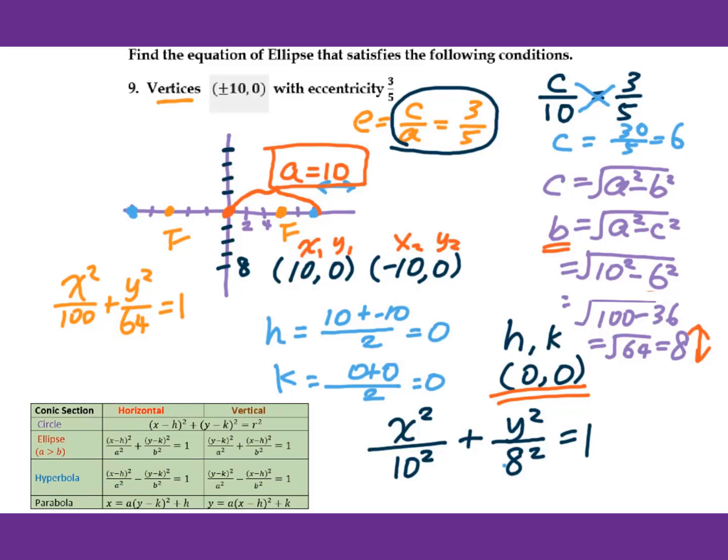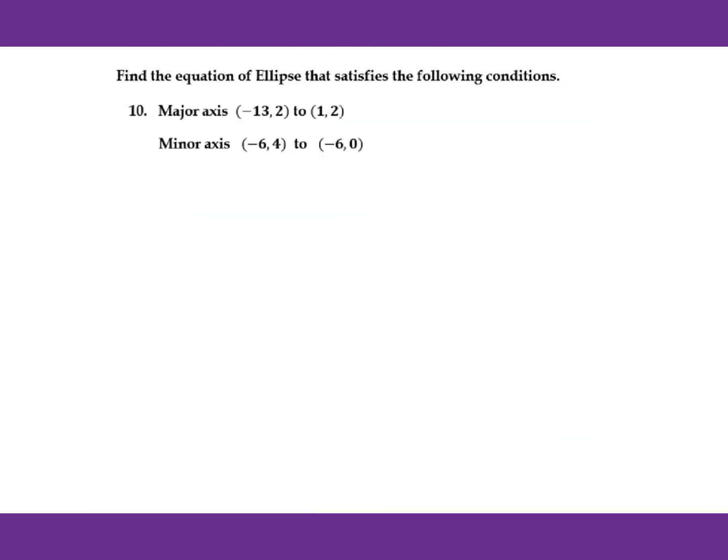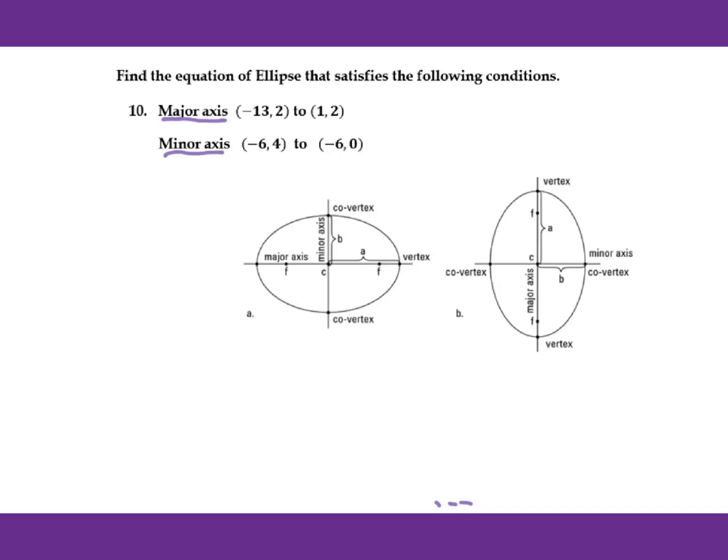This will be the equation of this ellipse. For number 10, we know the major axis and also the minor axis. From the major axis, you can get a. From the minor axis, you can get b. From this diagram, we could see the distance for the major axis will be 2a, and the distance for the minor axis will be 2b.